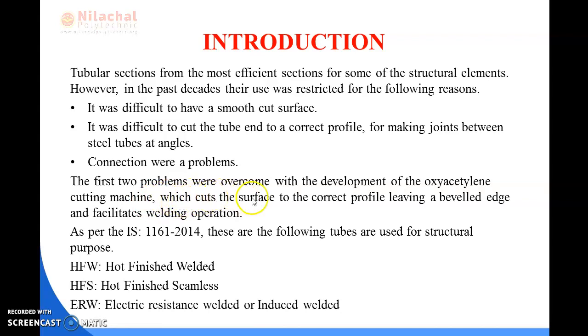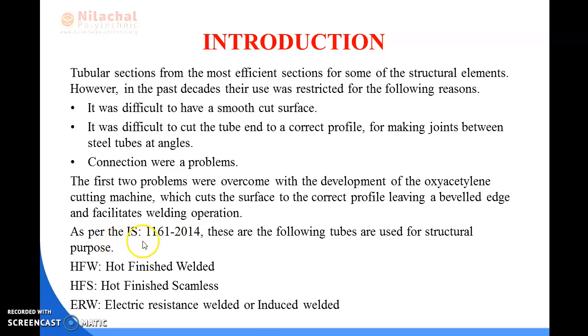It cuts the surface to the correct profile, leaving a beveled edge and facilitating the welding operation. For the connection of tubular sections, we have to use only welding type of connection.